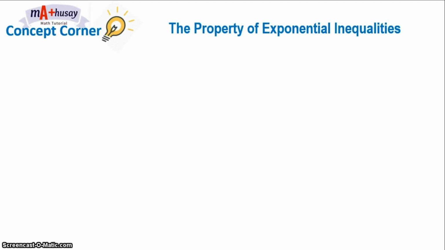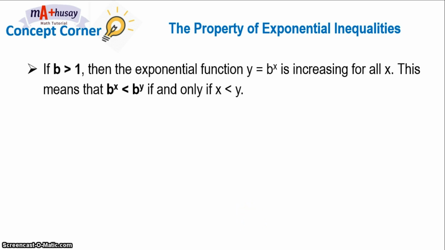In solving exponential inequalities, kailangan nating alamin kung ano yung property of exponential inequalities. Ano ba itong rule na ito? First rule is that if b is greater than 1, then the exponential function y equals b raised to x is increasing for all x.